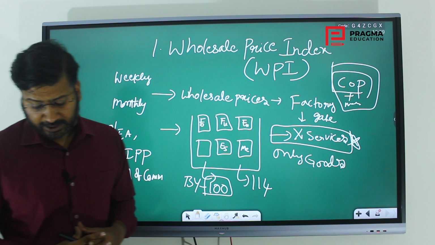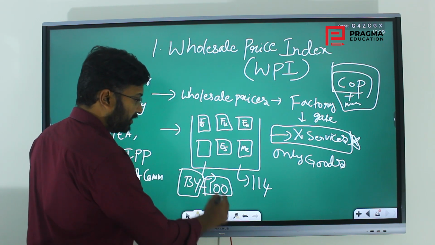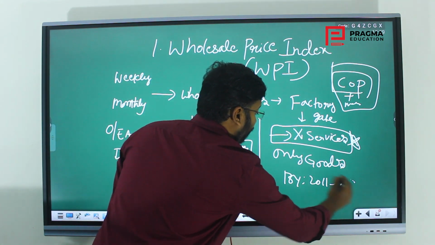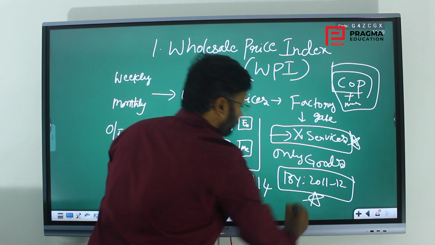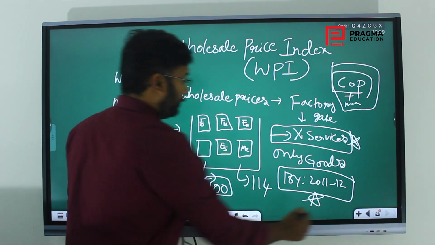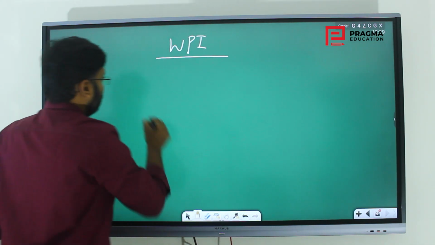So how many items are there currently, and what is the base year currently? What is this base year for which the 100 is? Current base year is 2011-12. This is important. Let us write all of these one by one so that they are not clumsy.